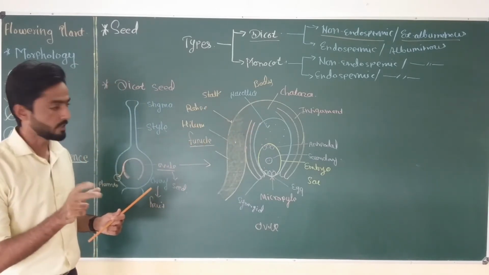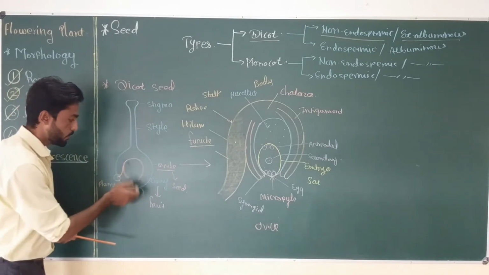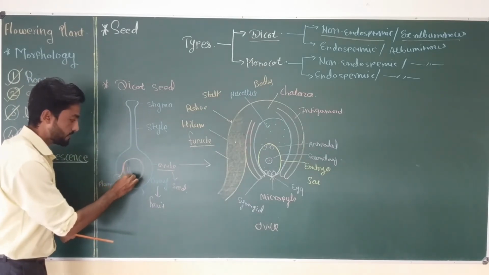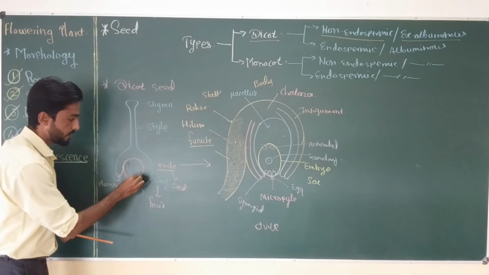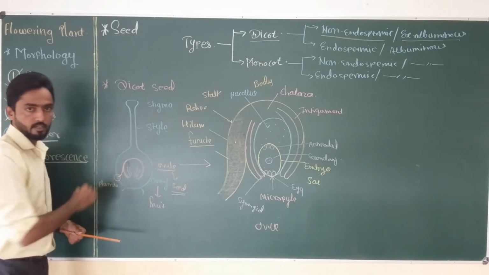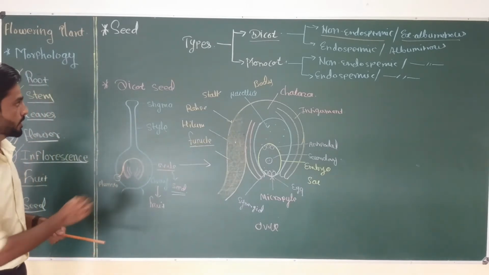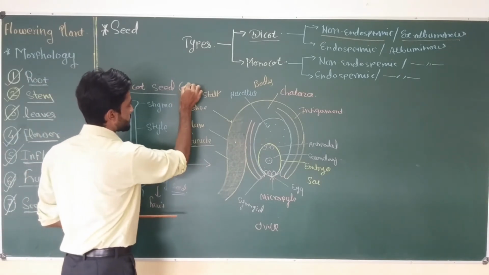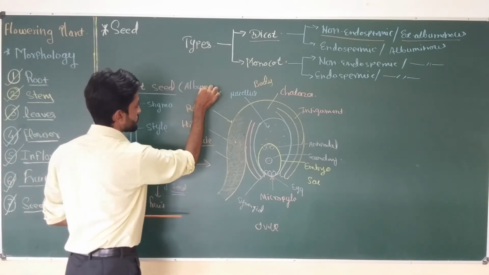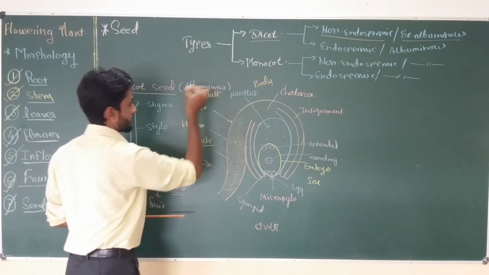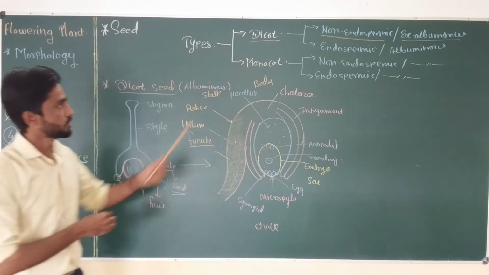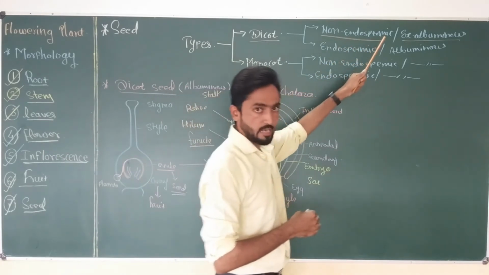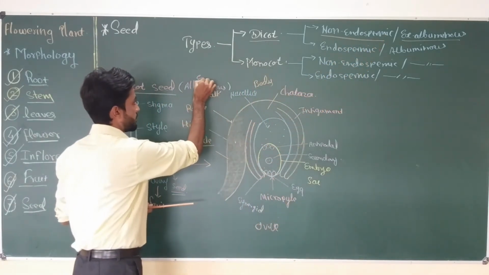Now we will see how exactly this ovule, which is present inside the ovary, gets converted into seed after fertilization. Okay, we are talking about the dicot seed, exalbuminous subtype.